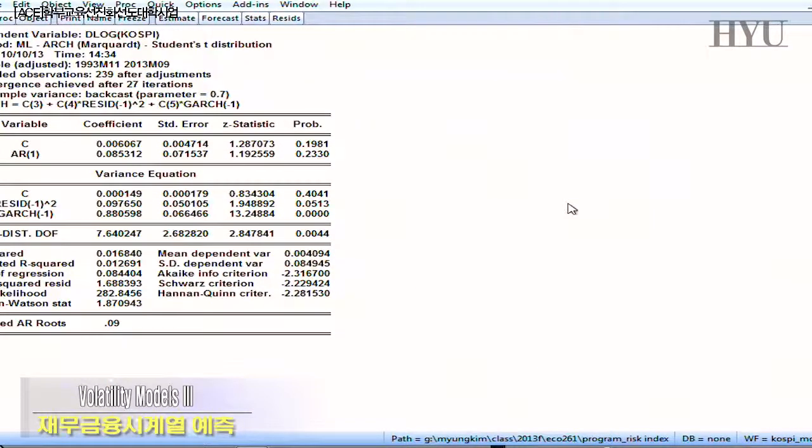Usually, the first thing is to check the significance. So this is marginally significant. And then we sum these two and see if the sum is less than 1. That's the stationarity condition I mentioned, right? So it's slightly less than 1, but very close to being 1, right?